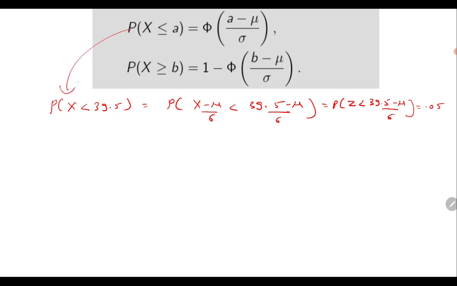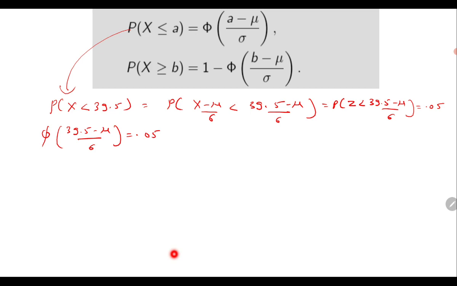So this is what has already been given. The notation for CDF of standard normal distribution is phi. So phi of 39.5 minus mu by sigma is equal to 0.05.